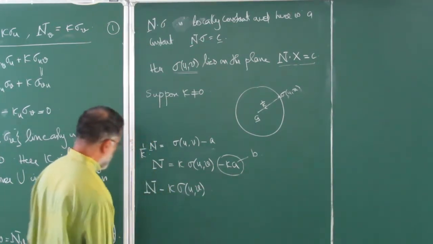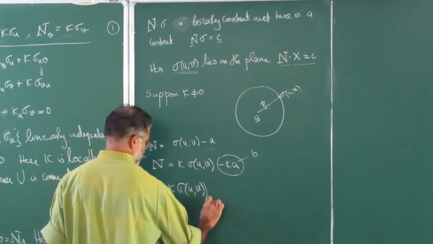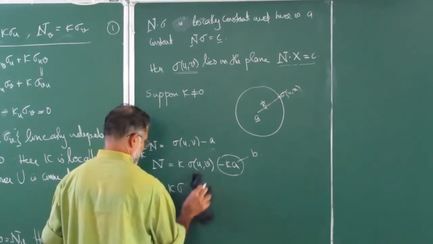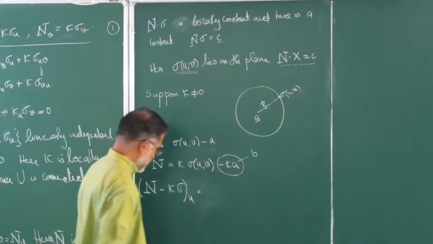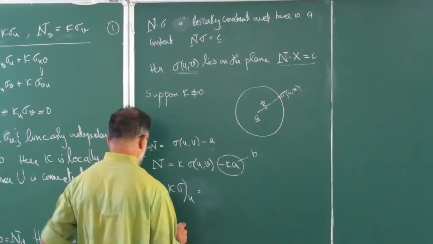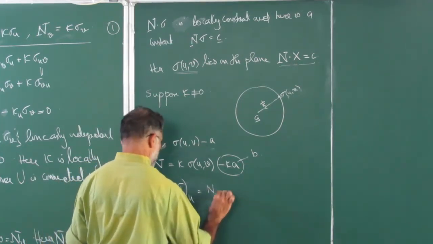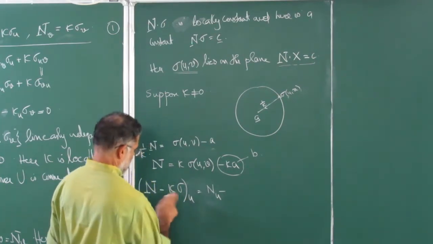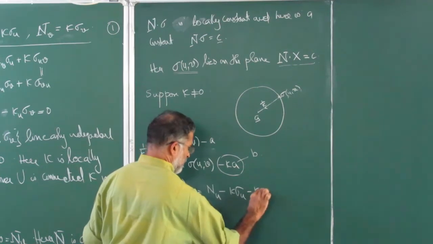Can I do this? So let us look at this. Of course, don't worry about uv generally. Let us write down, so what do you get? This is nu minus kappa sigma u minus kappa u sigma.